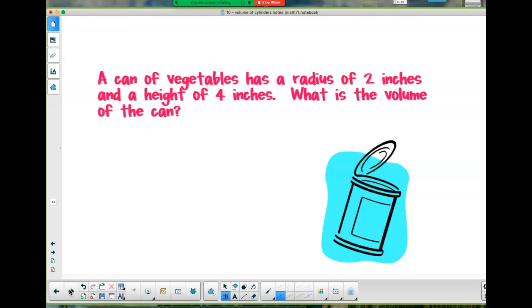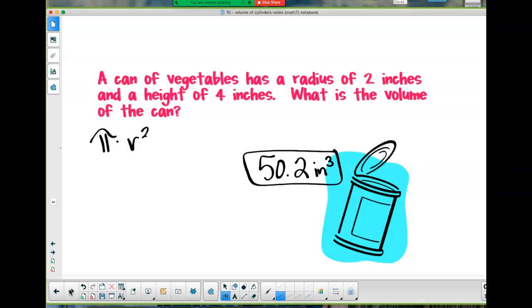Then press this button. That'll change it to a decimal. Did it work, Nicholas? Okay, what did you get? Tyler, what did you get? Does everybody agree? 50.2? And it should be inches cubed, right? So pi times radius squared times height, 3.14 times the radius was 2, so 2 squared times the height was 4.